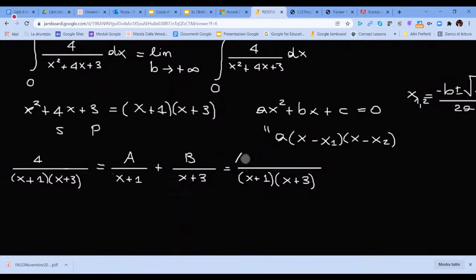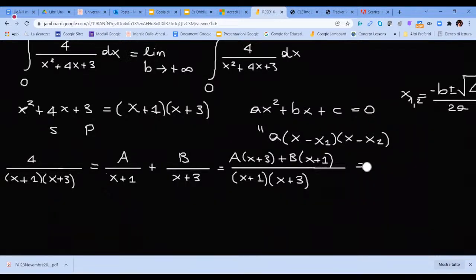But in order to do that, we should multiply the numerator a for the factor that is missing in the denominator x plus 1, and that we have by the least common denominator, and that is a times x plus 3 plus b times x plus 1. This is the result of the sum of these two fractions.